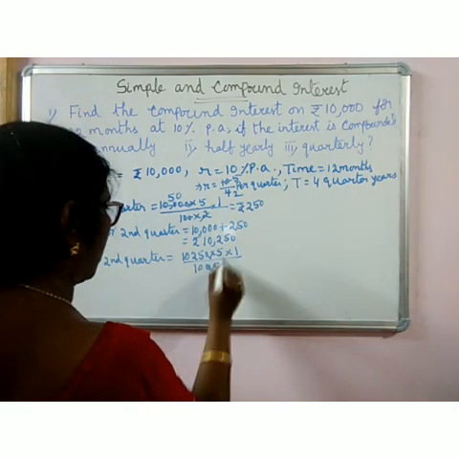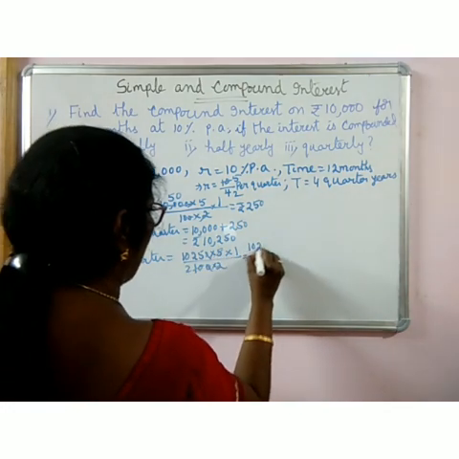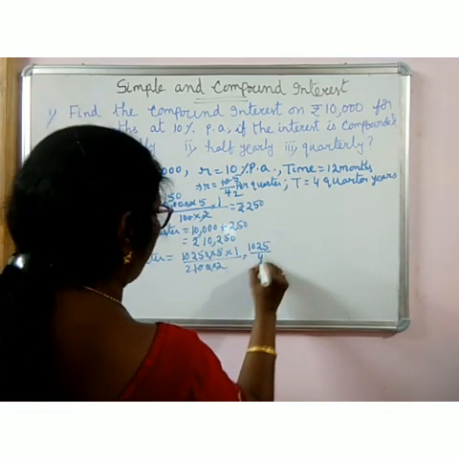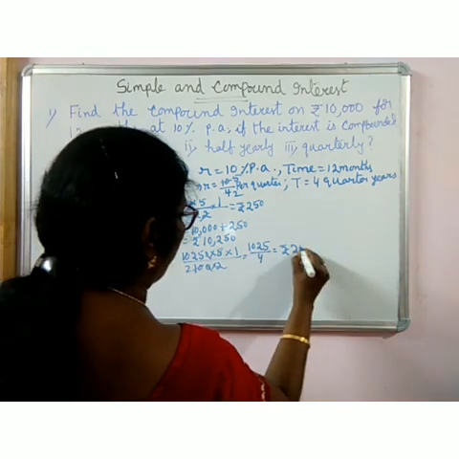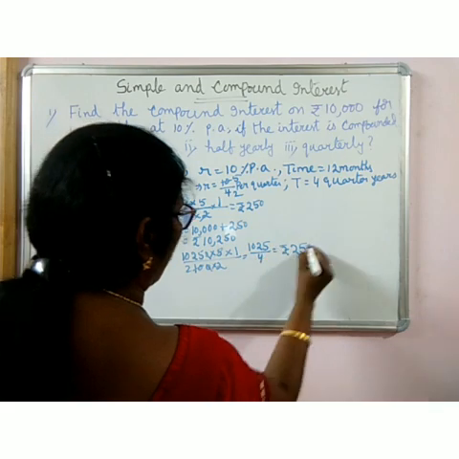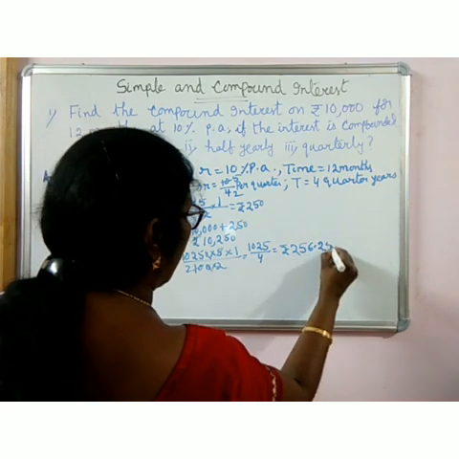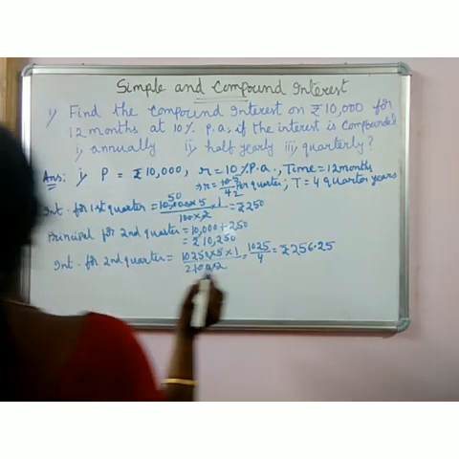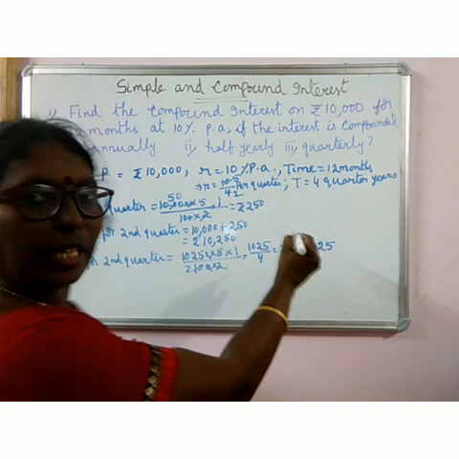You will get 1025 by 4. Divide: 4 2s are 8, 2 2 4, 5s are 20, 2 5 4 6 are 24. 4 2s are 8, 4 5s are 20. 256.25 rupees is the interest for the second quarter.